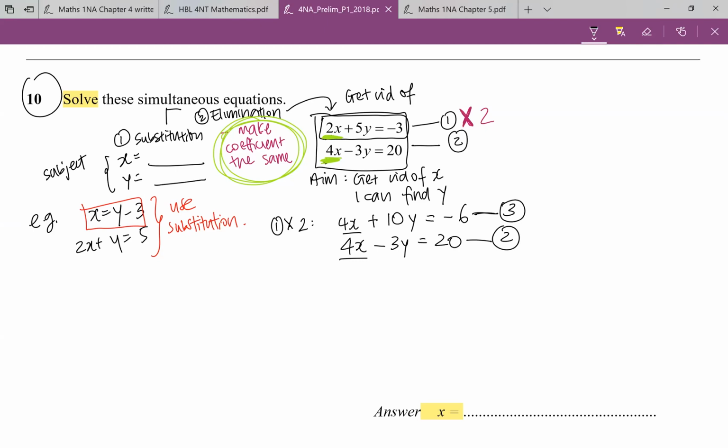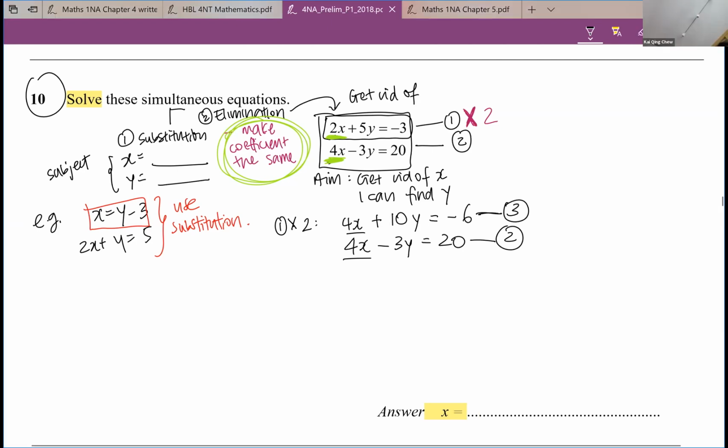No, substitution is worse. You know why? Because there is no x equals to something here. I don't get this one, the 1, 2, 3. That's why you have to learn. Because substitution is worse. You will be dealing with a lot of fractions if you use substitution for this question. I can show you, but I go through this one first, okay?